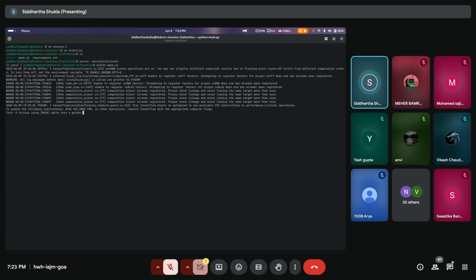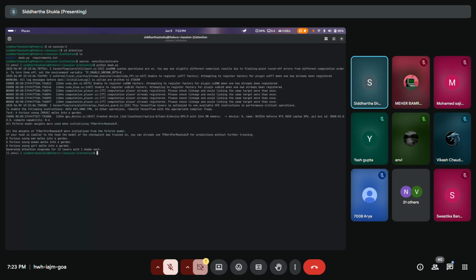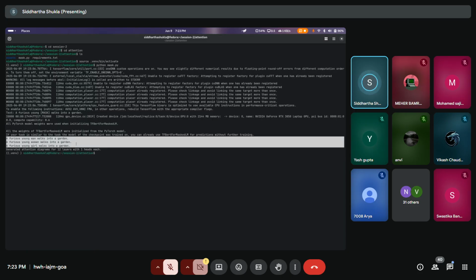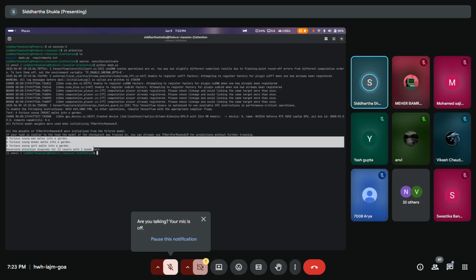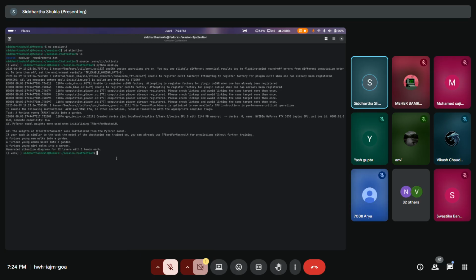So now we're going to give it to BERT to compute. And here you can see BERT returns these outputs. BERT has given us three possible values for the token. We have here a furious young man, a furious woman, a furious young woman, or a furious young girl walks into a garden. And we can also visualize the attention.